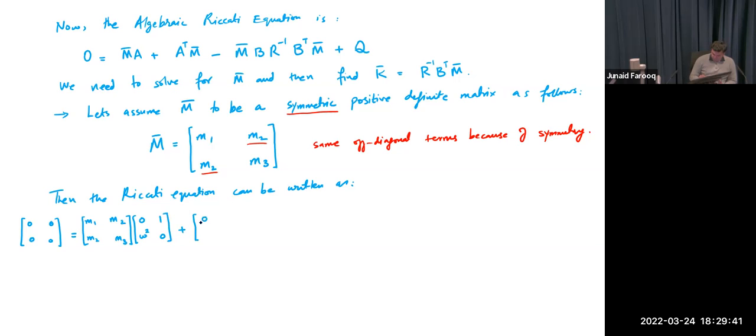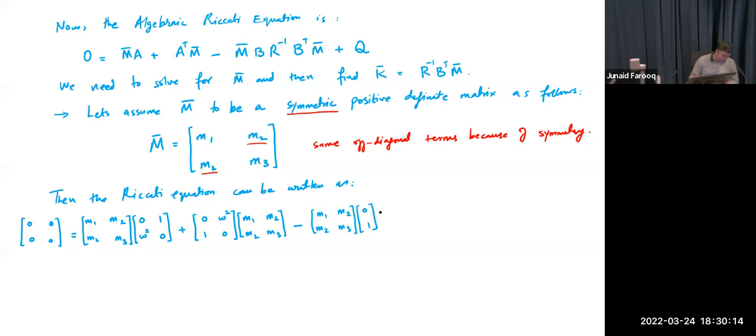A transpose is 0, omega squared, 1, 0, and the same M bar, M1, M2, M2, M3, minus M bar, which is the same, times B. B was 0, 1.